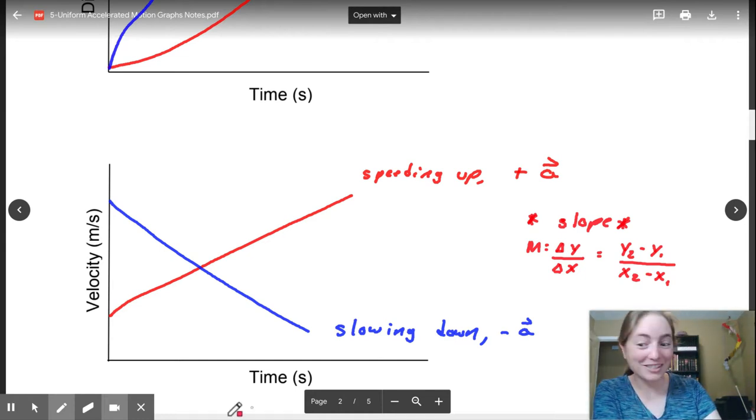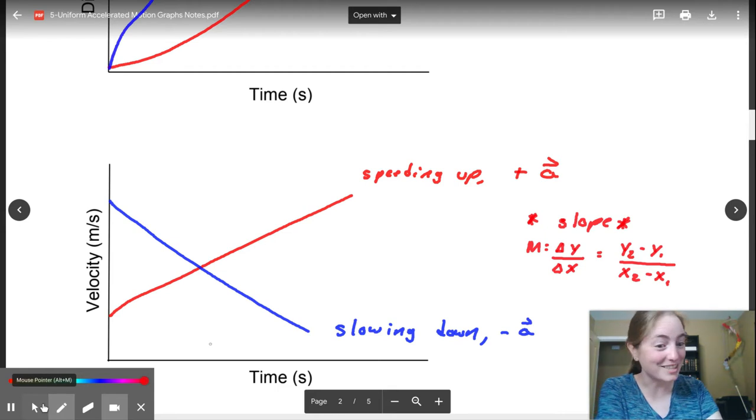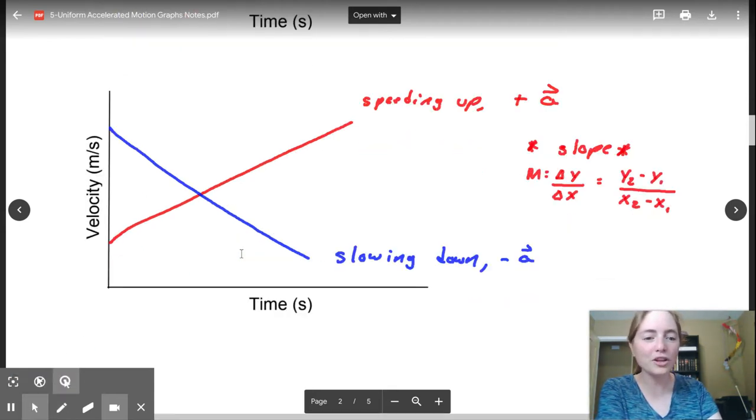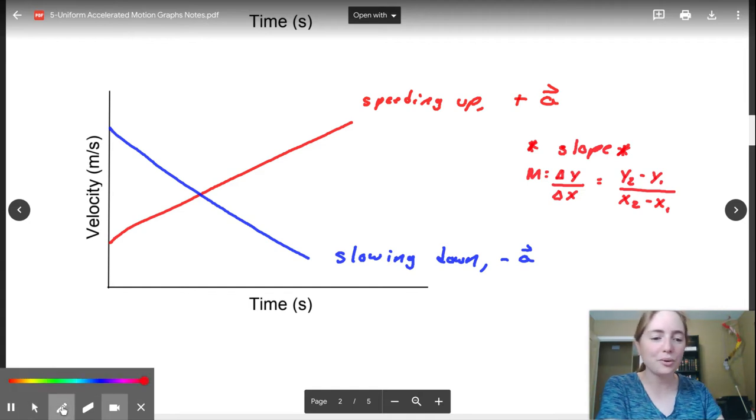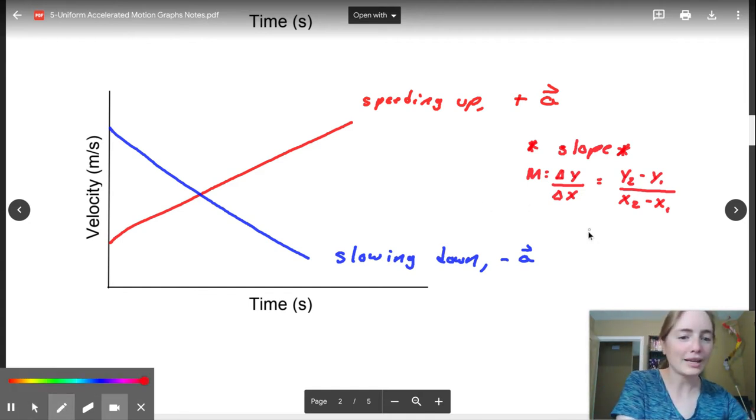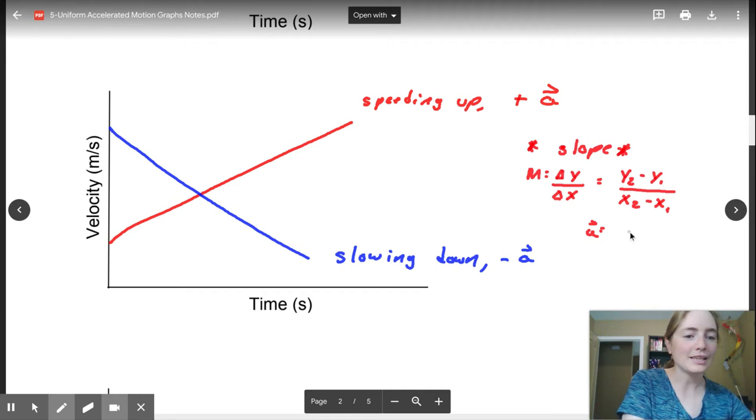Very, very similar to your basic acceleration equation. So when you've got your acceleration is equal to your v2 minus v1 over your change in time. Well, look at this.